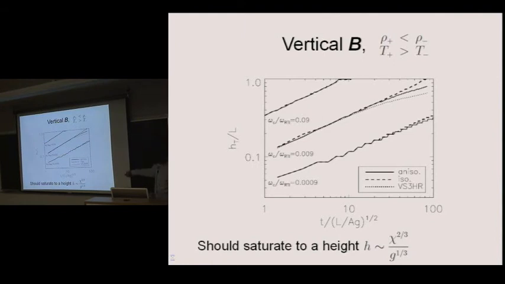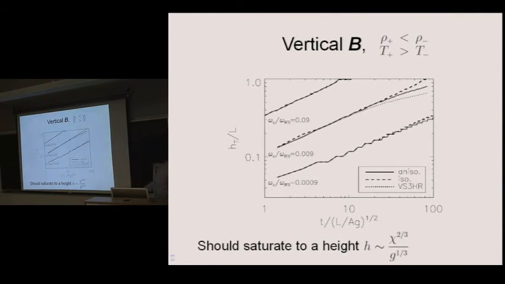So this is the graph of height versus time again. And you can see that when you have anisotropic conduction, which is the only case in which you get this instability, at late times, because of the HBI, the field lines have reoriented to horizontal. They can no longer conduct as much, and thus the height increases slowly at late times.